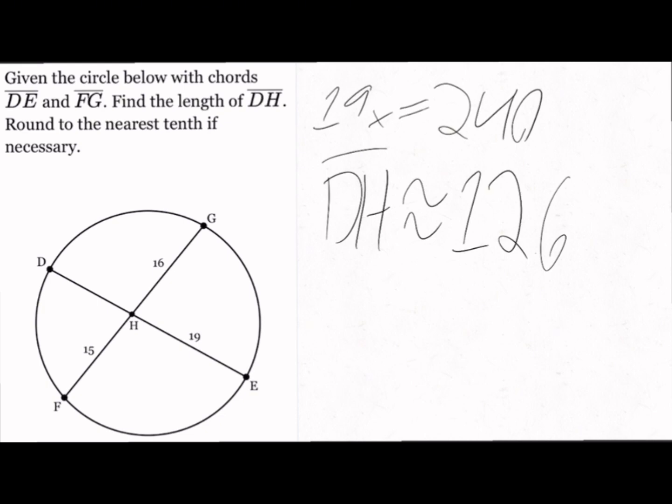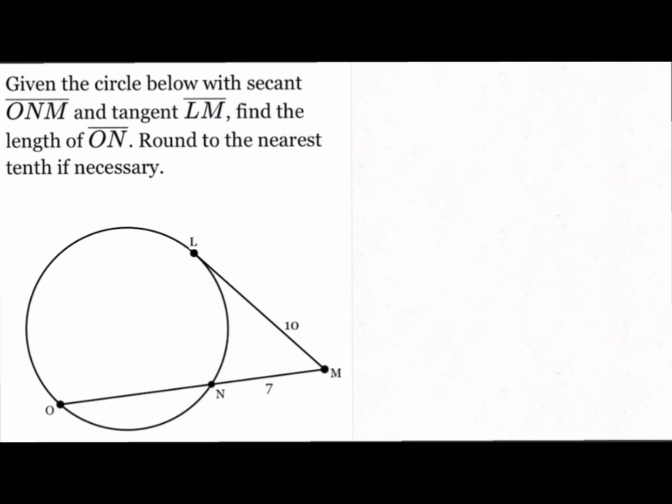But this is because you'd go 15 times 60, which is 240, and then you'd do 19 times DH, which would also be just 19 times X. So 240 divided by 19 would equal like 12 point something, and then you'd round it to the nearest tenth, which would mean segment DH is equivalent to about 12.6 units. Cool.